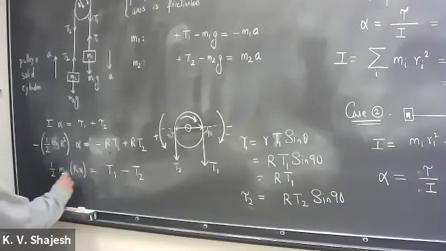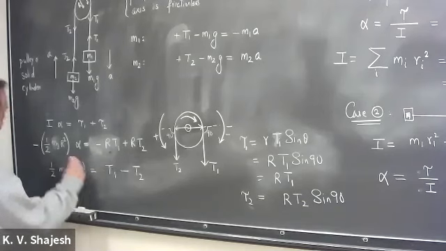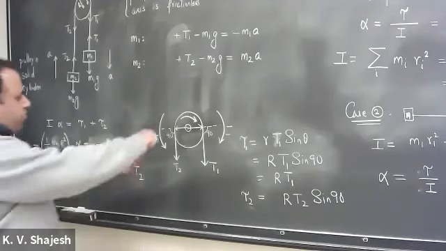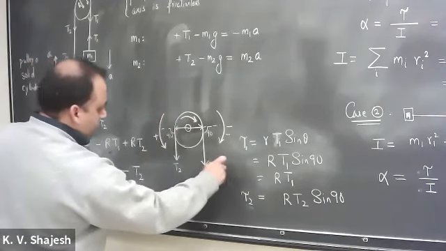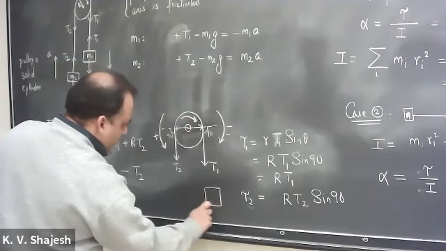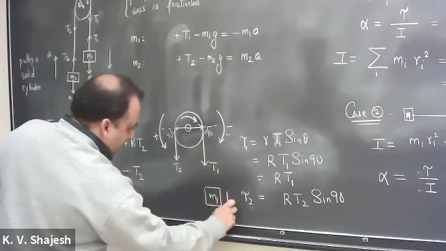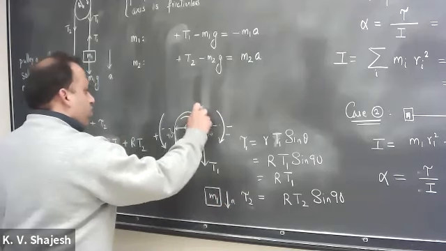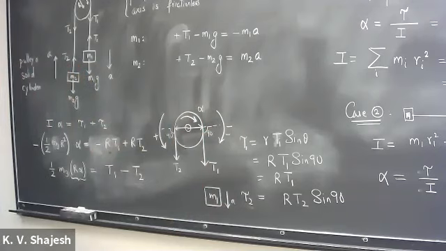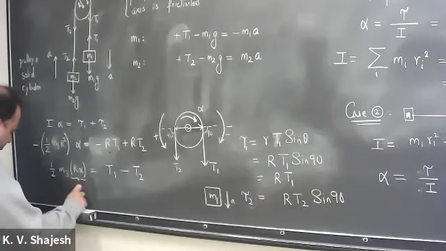And whatever is left here, if you notice, that's nothing but acceleration, since this pulley moves exactly the same amount as the mass M1 here moves down. So this acceleration A pretty much decides what is going to be the angular acceleration of the pulley, because the linear displacement is exactly the same as the angular displacement, and it is controlled by the radius R. So this is A actually.